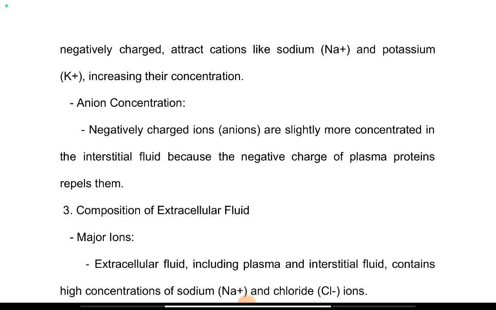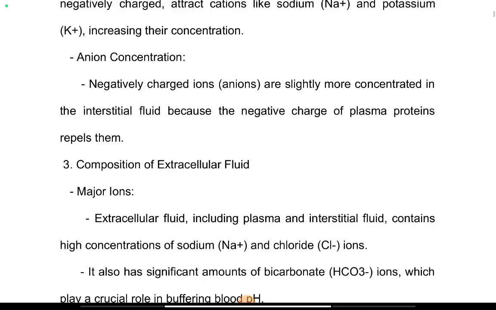Half of intracellular fluid is potassium, while the other half constitutes other ions. To summarize: extracellular fluid, sodium and chloride 80%; intracellular fluid, potassium about 50%, and other minor ions constitute the remaining percentage.